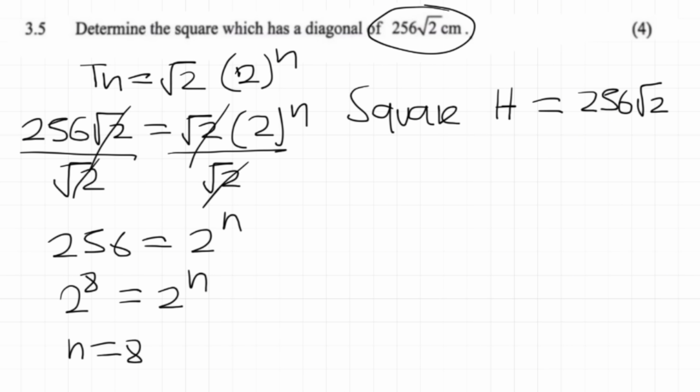Square number 8, actually. The reason why I use the letters is because they use the letters there, called square A, square B, square C. So the eighth one is going to be square H, just like that. So let's move on to the next questions.